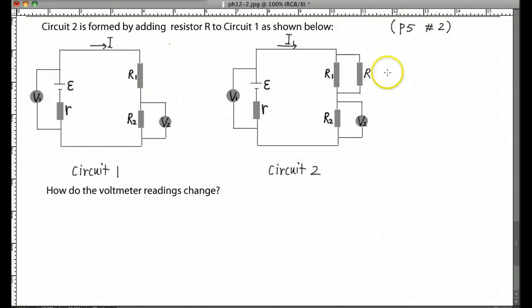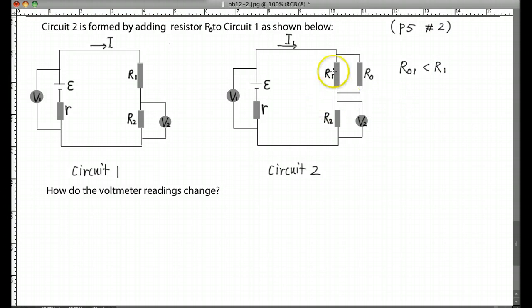So let's put these two as R0. Then change the question to R0. That will be easy to explain. So the R0, the combined or equivalent resistance of these two, should be smaller than R1.